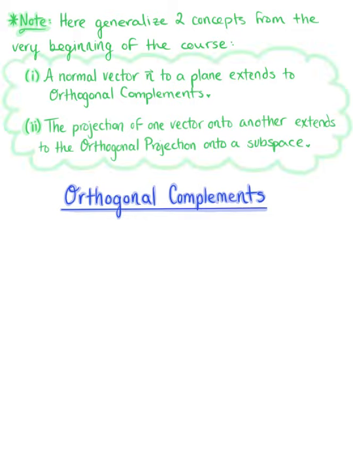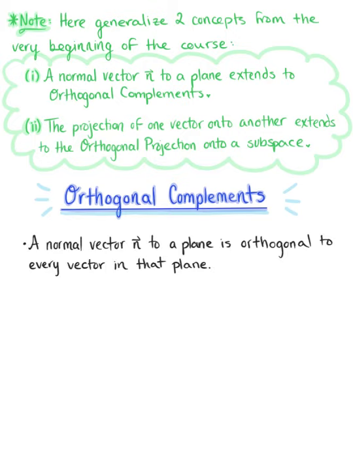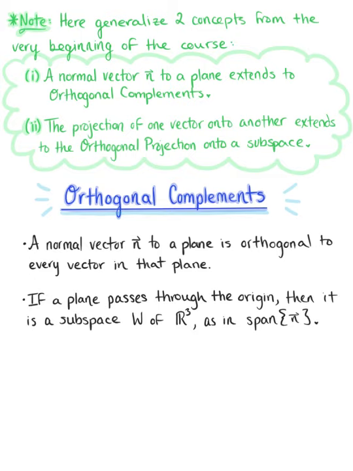So the first concept that we are going to explore is the idea of orthogonal complements. Now, we already know that a normal vector, say vector n, to a plane is orthogonal to every vector on that plane. Now, if a plane passes through the origin, then it is a subspace, say W of R3, as in the span of the normal vector.